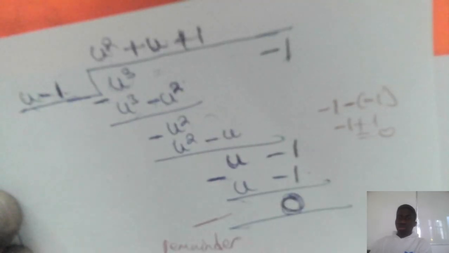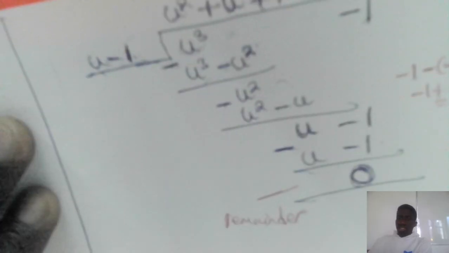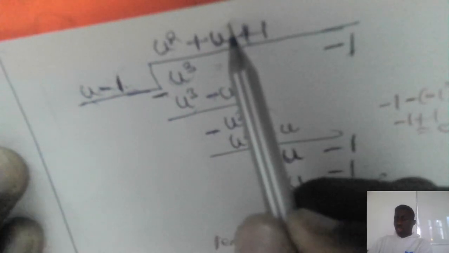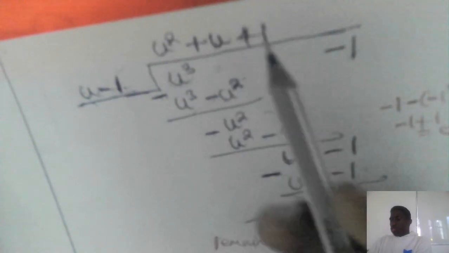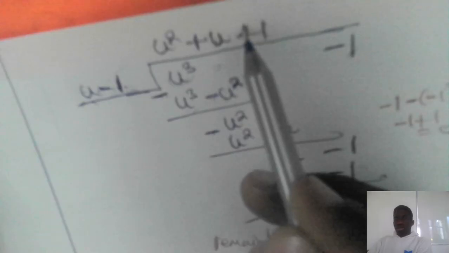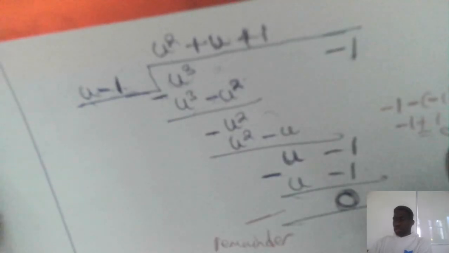So it's divisible. So what have we done now? We see that when we divide u cubed minus 1 by u minus 1, we actually have u squared plus u plus 1.